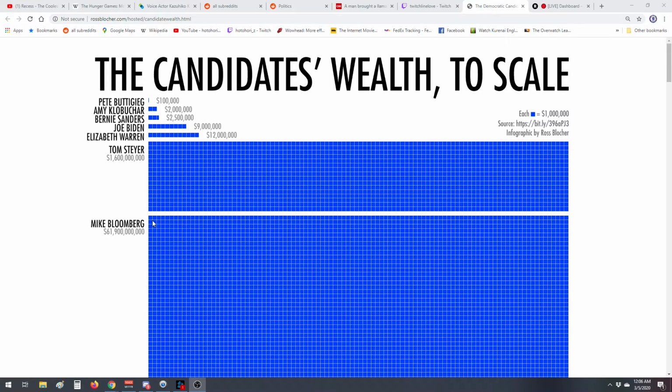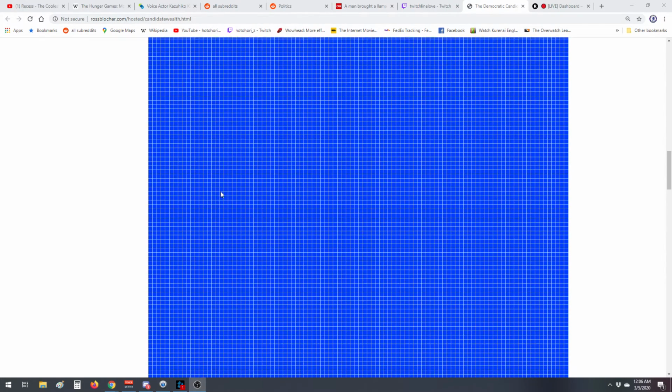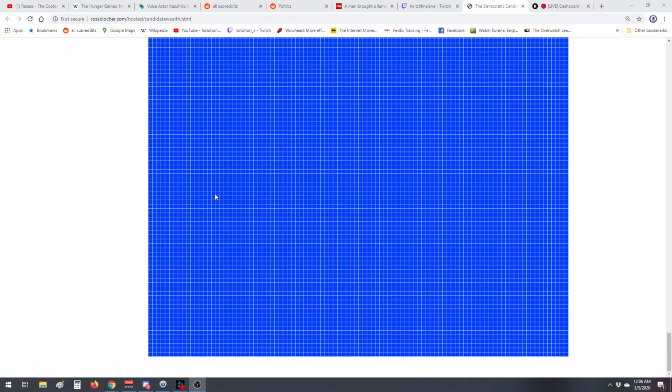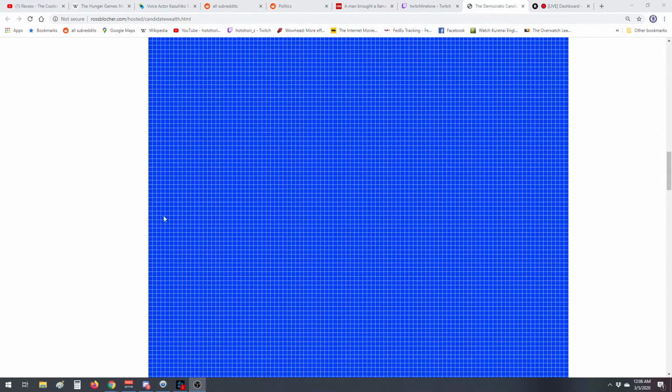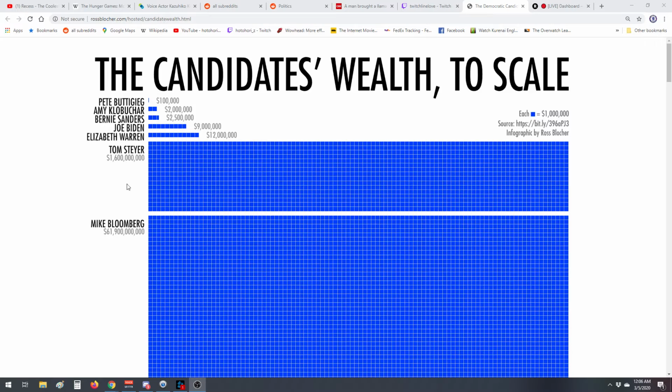If you don't know how much that is, if you go to an Asian grocery store and buy a 25-pound sack of rice, that thing doesn't fit anywhere. Imagine Michael Bloomberg having two of those, and that represents his wealth at $61.9 billion. What you're seeing on the screen is every blue square being $100,000, and that is the comparative wealth of him versus the rest of the candidates.